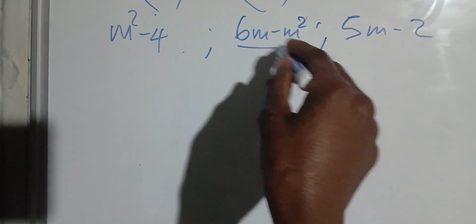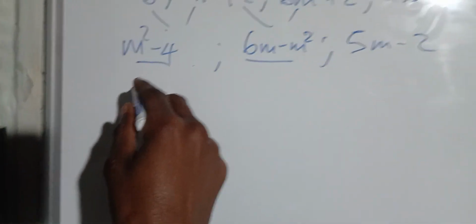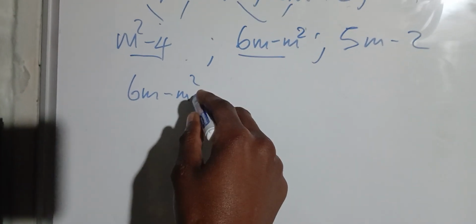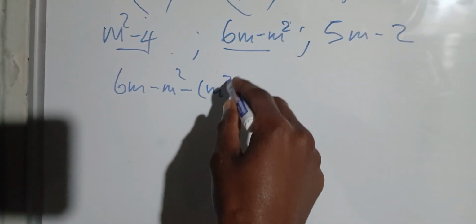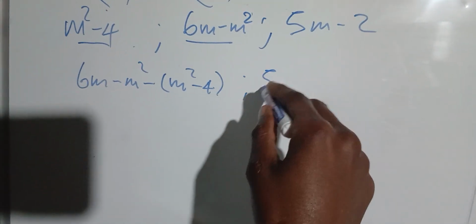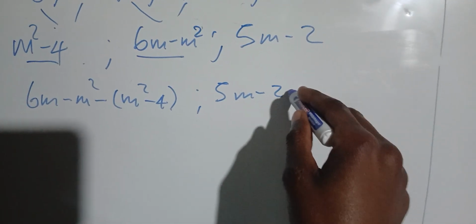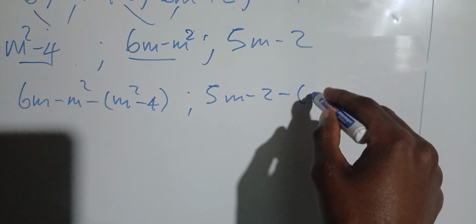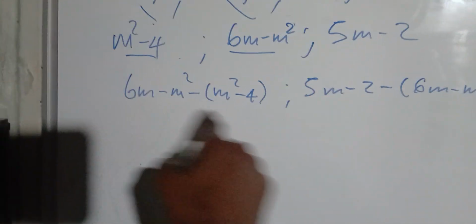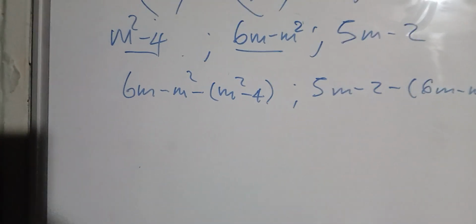So I'm going to have second minus this. So I will have 6m minus m squared minus into bracket m squared minus 4. Then here I'm going to have 5m minus 2 minus into bracket 6m minus m squared. So let's start here. What is it that I'm going to end up with?